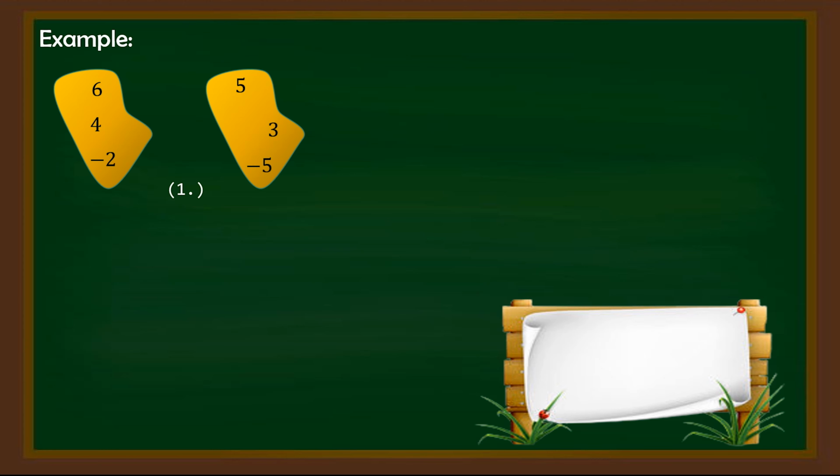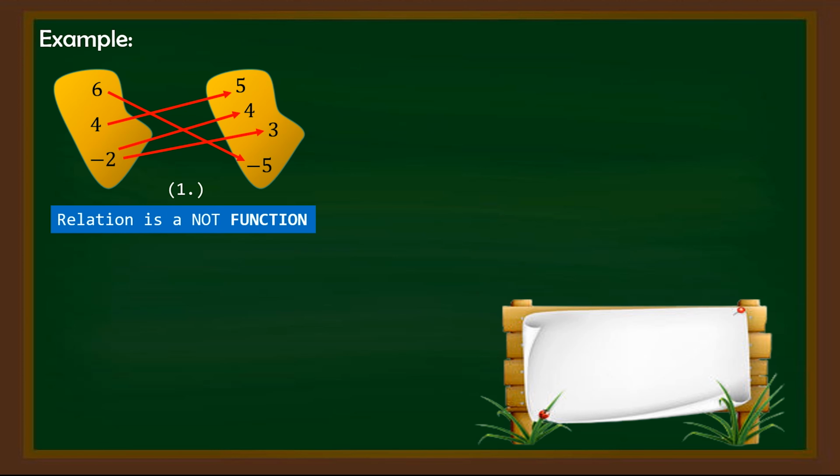On the other hand, the elements of the output are 5, 4, 3, and -5. -2 is associated with 3, 4 to 5, 6 to -5, and -2 to 4. Is the relation a function or not? Great job! Obviously, it is not a function because -2 is being paired to two different elements in the output.